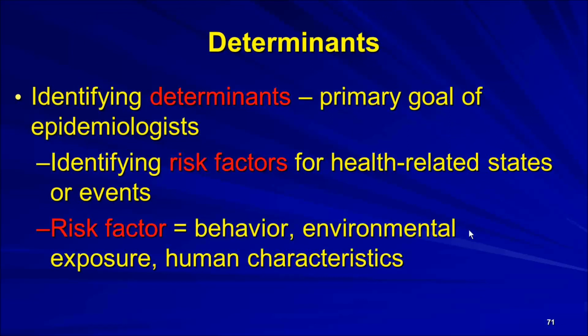What are you doing, or what's going on that puts you at risk? And then what are the risk factors? Okay? This is the purpose of a determinant. It's very important that you understand the connections and the interrelationships between a distribution and what it does, a determinant, and risk factors.